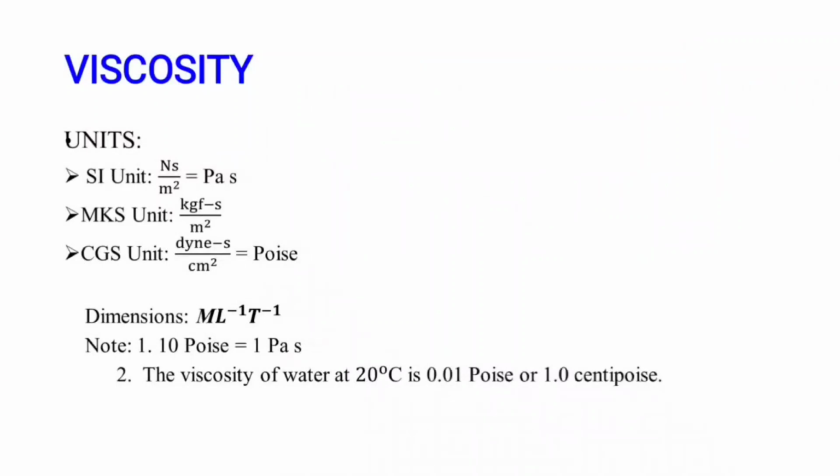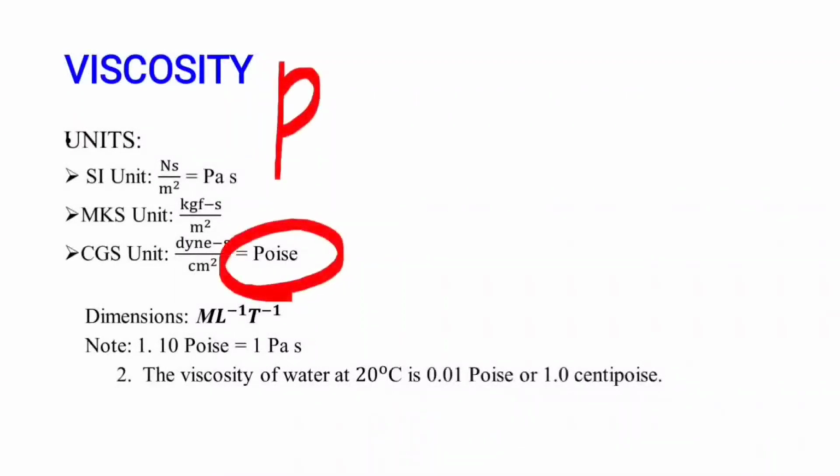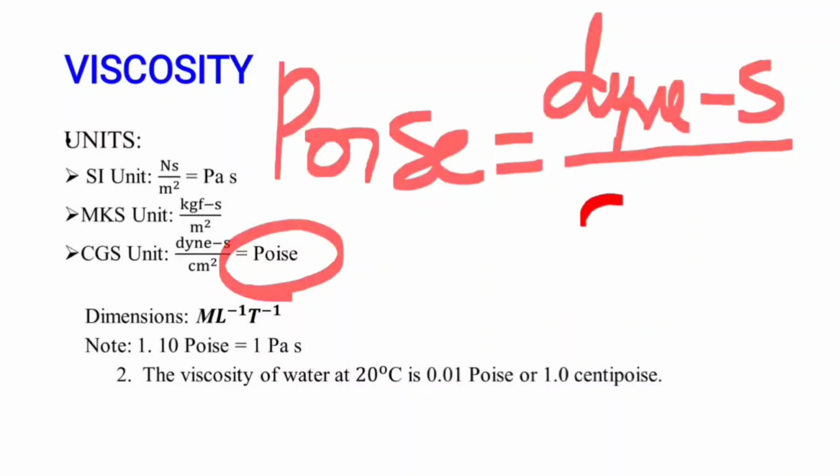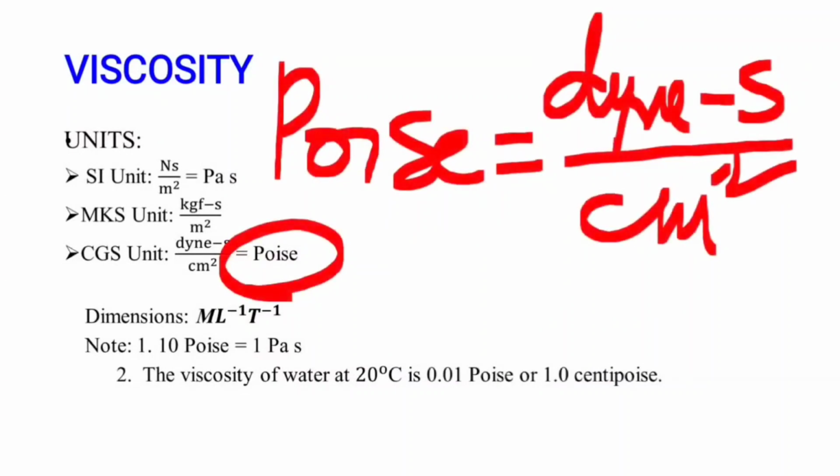So the MKS unit will be kgf second per meter square. The CGS unit will be dyne second per centimeter square. That is, the CGS unit for viscosity is poise. Poise is equal to dyne second per centimeter square.